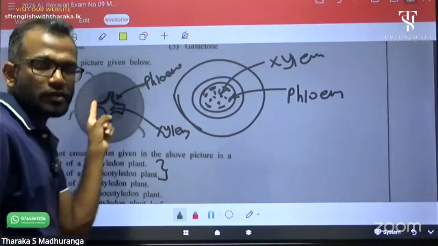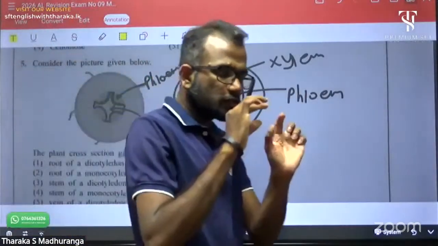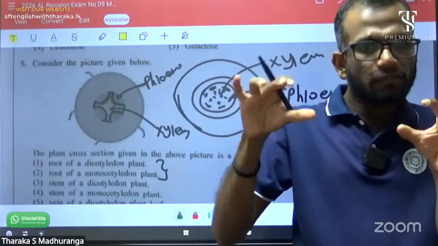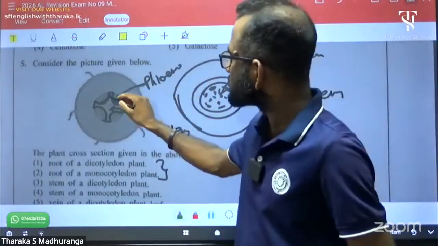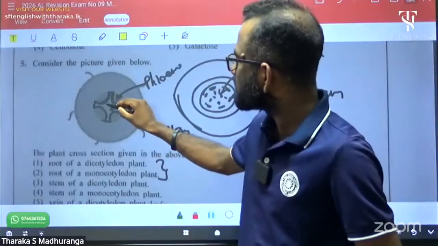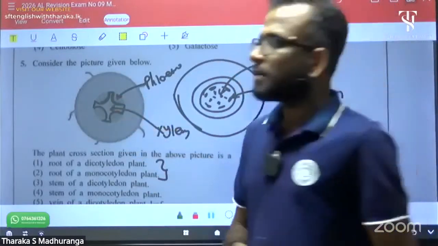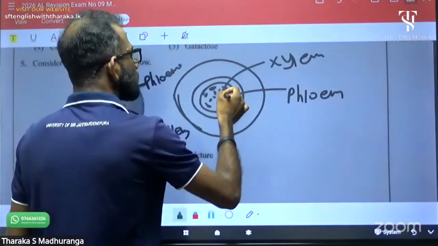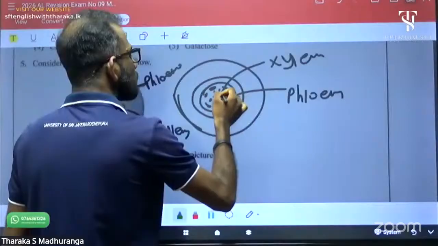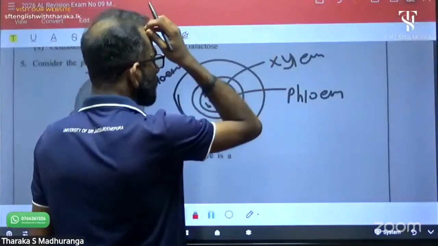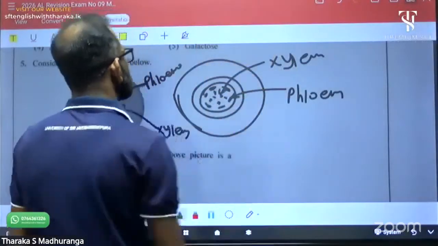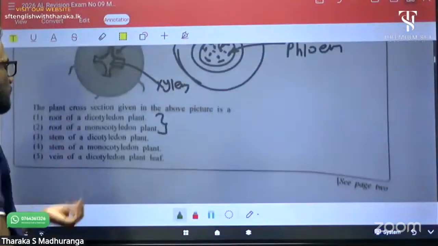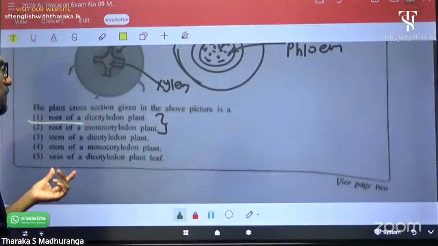In a dicot plant root, this xylem is star shaped. Phloem is between these star arms, right? They are the phloems. This middle one is xylem. But in a monocot plant, it is not clearly separated. It is this type. Inside dots are the xylem. The outside ring is the phloem, right? Then it is a dicot plant root.